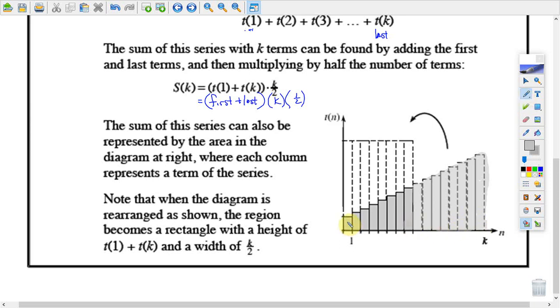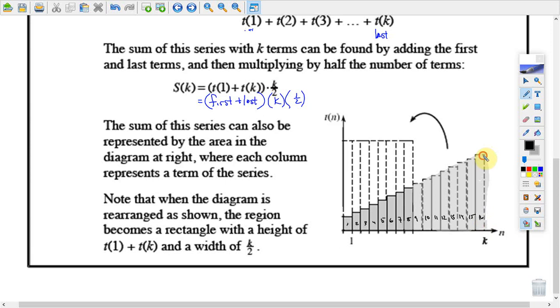So if we have our first term, this is 1, 2, 3, 4, 5, 6, 7, 8, 9, 10, 11, 12, 13, 14, 15, and 16.